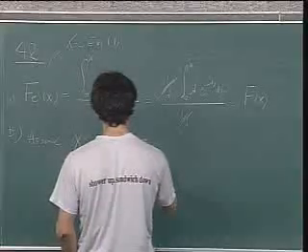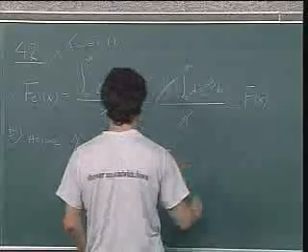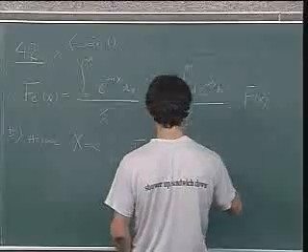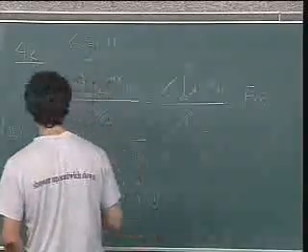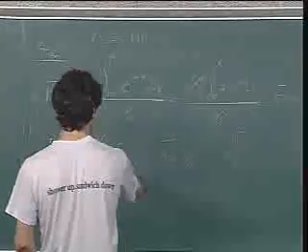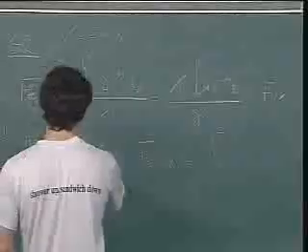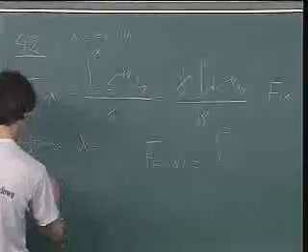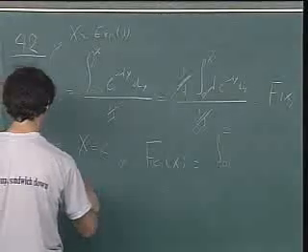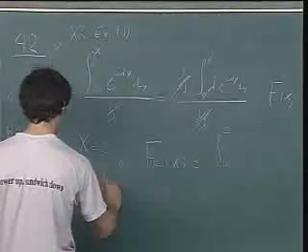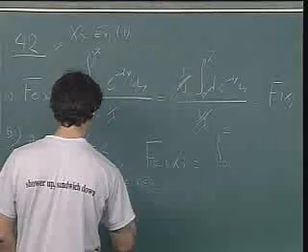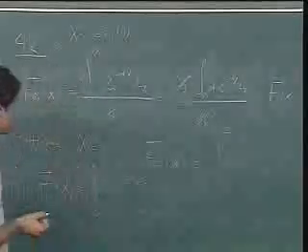Then Fe of x just becomes, let's write this. F bar of x is equal to 1 if x is less than or equal to c, and 0 if x is greater than c.